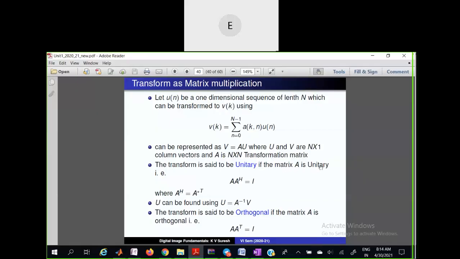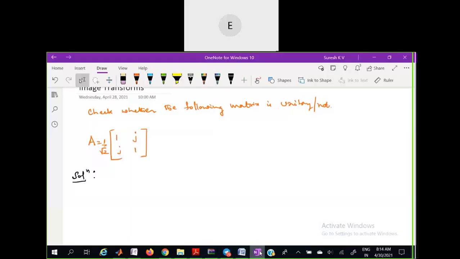If the matrix is unitary, then the condition is A into A Hermitian should be identity, where A Hermitian is A conjugate transpose. So first let us find A Hermitian, which is nothing but the A conjugate transpose. How will you find A conjugate?